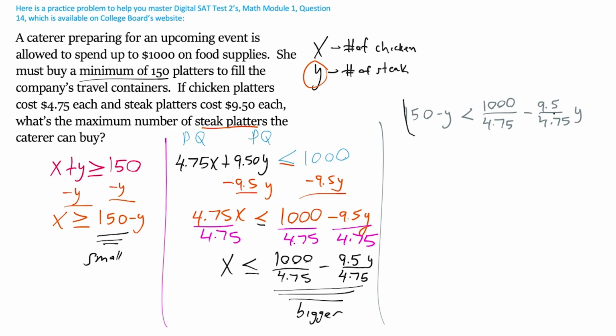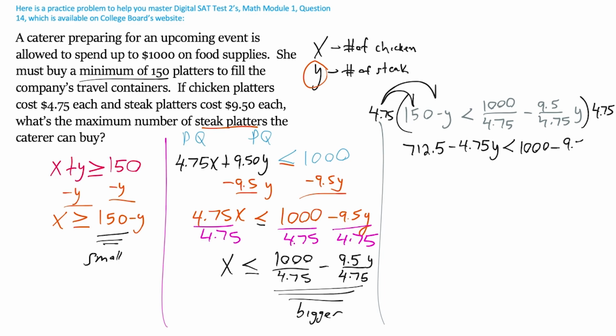So we can just go ahead and try to get rid of our denominator by multiplying both sides by 4.75. So as we distribute here, we'll have the 4.75 times 150, 4.75 times negative y. So we have 712.5 minus 4.75y less than 1,000 minus 9.5y.